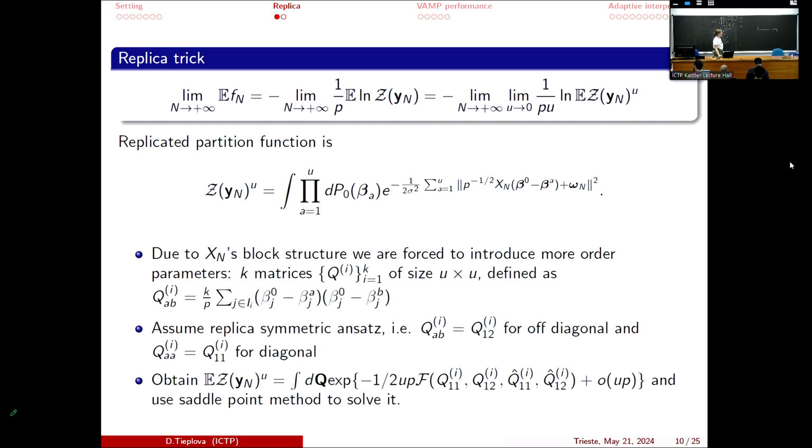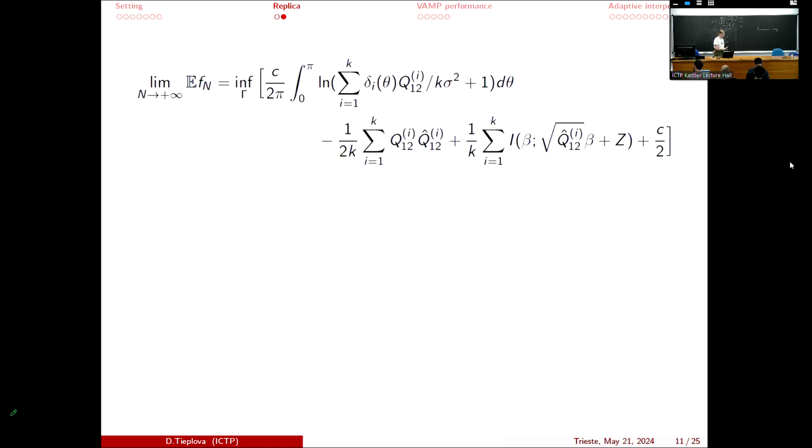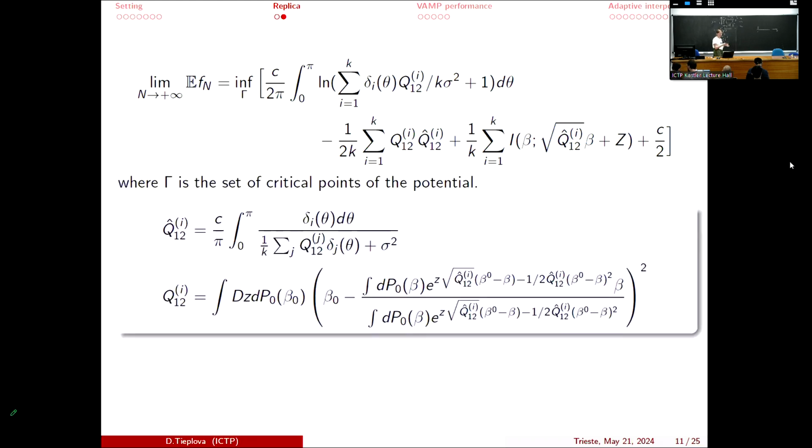So I will show you just the final formulas that we obtained through all this calculation. Again, the conjecture is that at the minimum of this function phi, we will have our free energy. And the set of parameters over which we want to minimize is found as the critical points of this function phi in the exponent. For our case, after some simplification, we obtain just a system of two k equations.